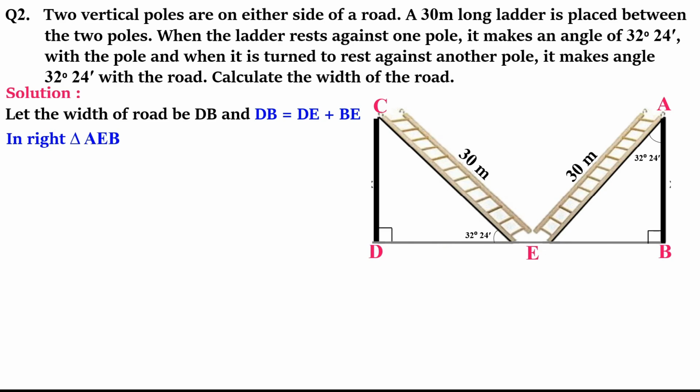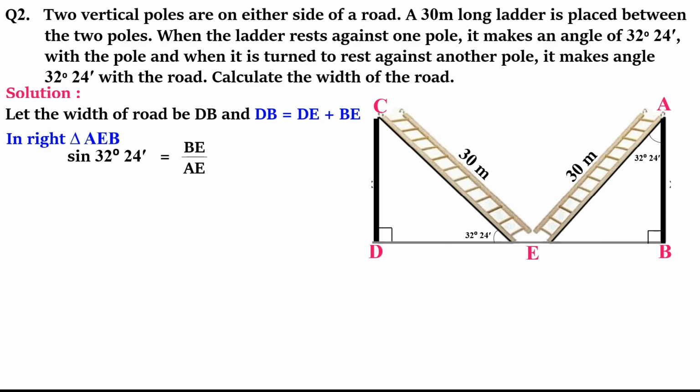Now, if angle A is in discussion, its value is known, then AB is the base, BE is the perpendicular and AE is the hypotenuse. Of course, we have to make use of a T ratio in which the hypotenuse should be there, and the value which I need is BE. So I will use a T ratio in which perpendicular and hypotenuse are there, and that T ratio is sine.